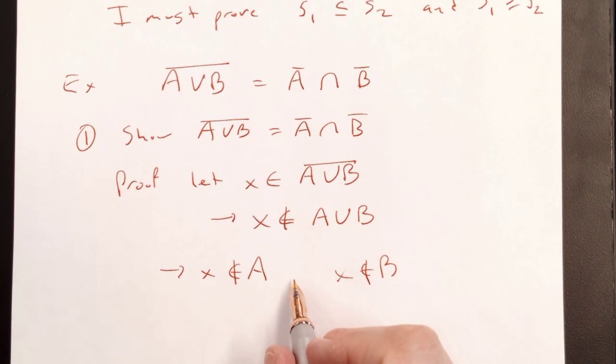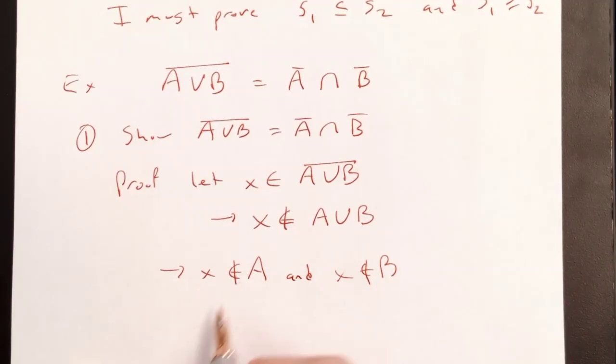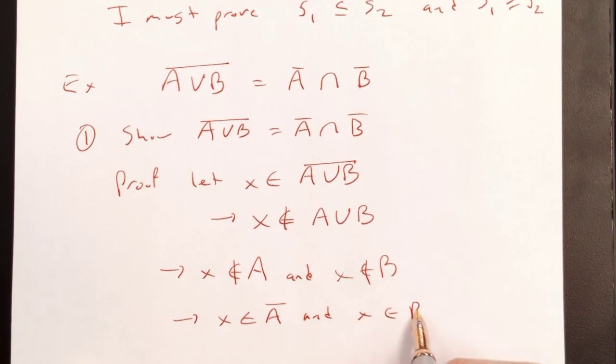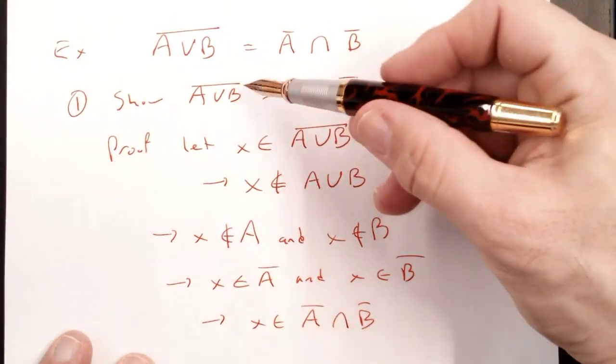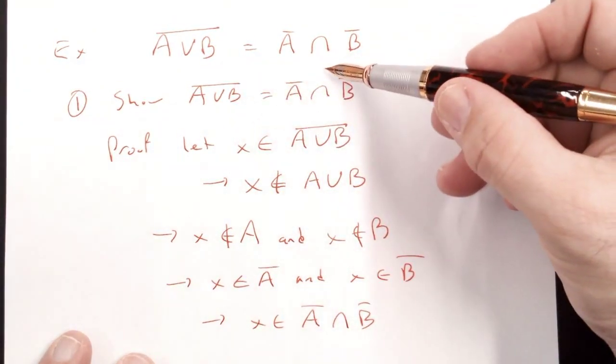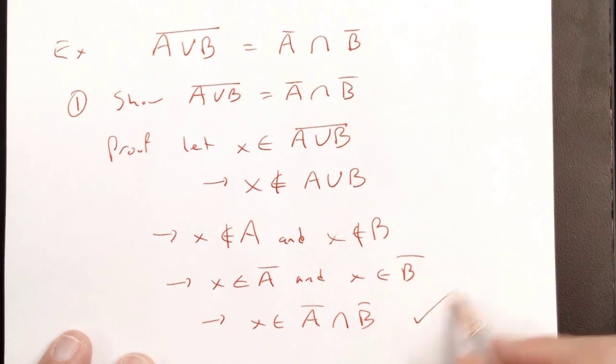It's not in A, it's not in B, and. But wait a minute. X not in A, that means that X is in the complement of A. Not in B means it is in the complement of B, and intersection. I started here, I ended here. Check mark, part one.